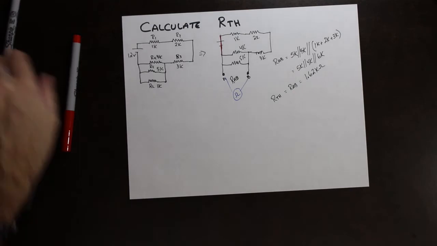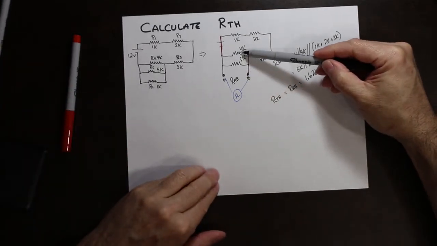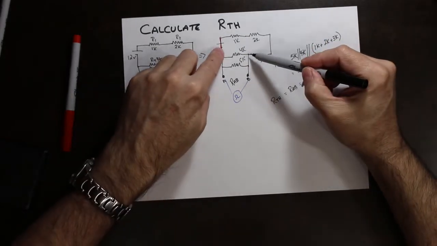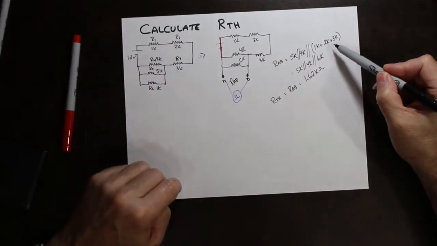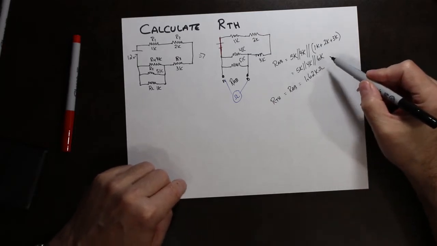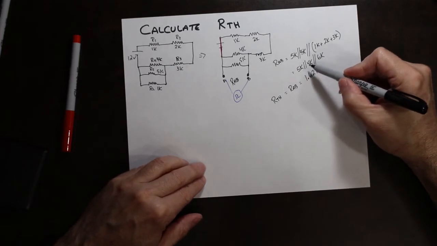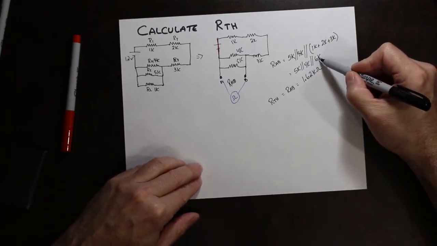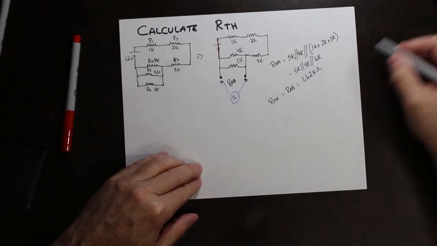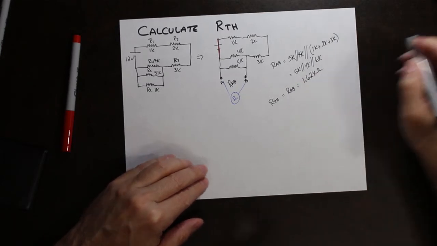what would it read? So my calculation says we've got 5K in parallel with 4K in parallel with this branch, which is 6K. Now I know that my answer could possibly be correct because when you have 5K in parallel with 4K in parallel with 6K and you come up with 1.62K, this number must be smaller than any of those individual resistors.